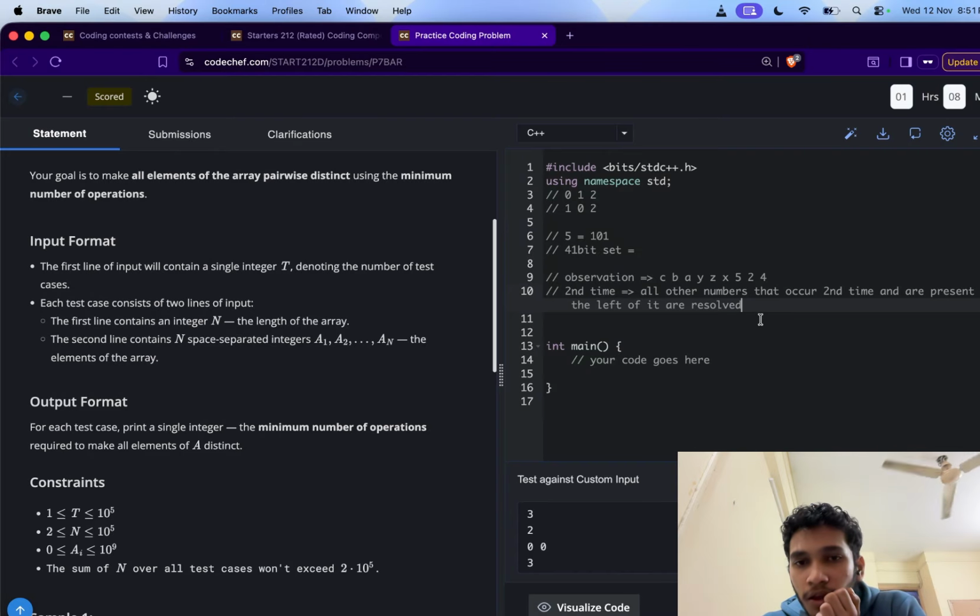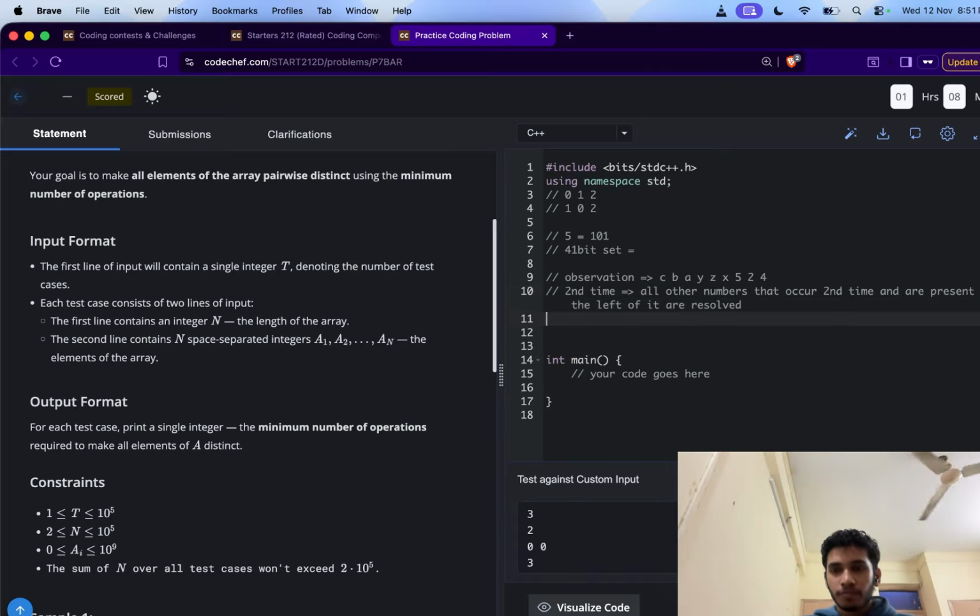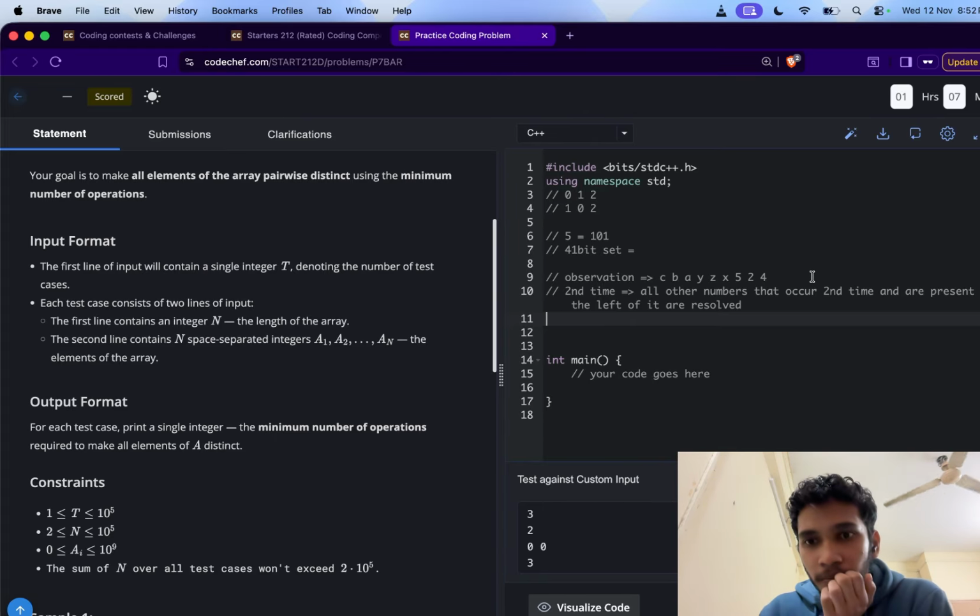Similarly, if a number occurs the third time, then all the numbers that are present to the left of it and occur the third time, seen from the right, are resolved. So if a number occurs the nth time, all the elements to the left are resolved, and the number of operations required is equal to n. Because let's say 5 was present 5 times.